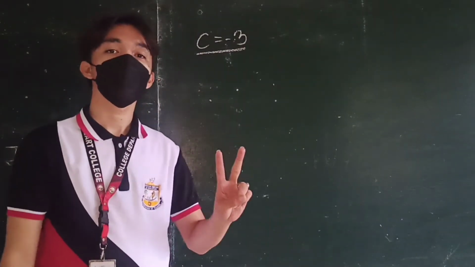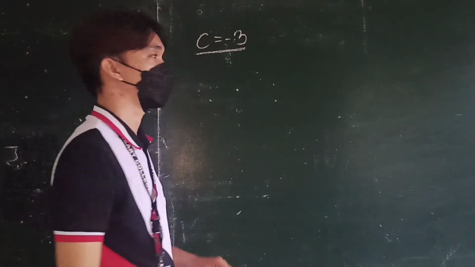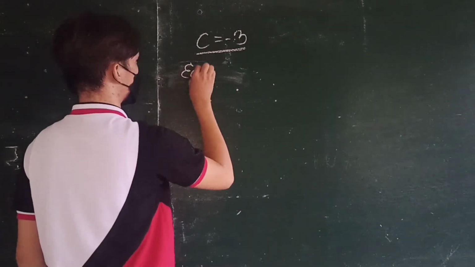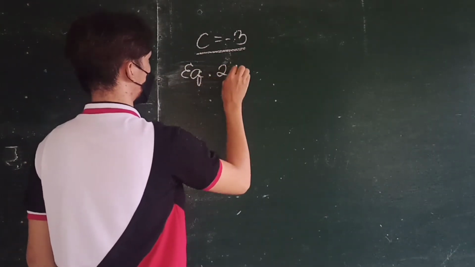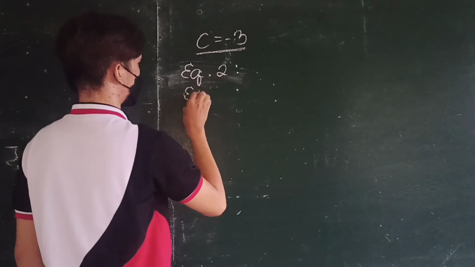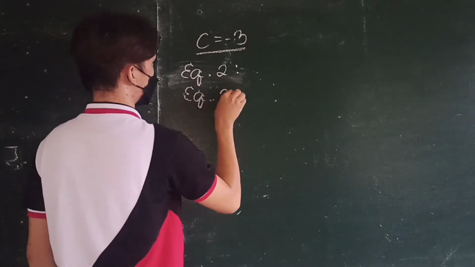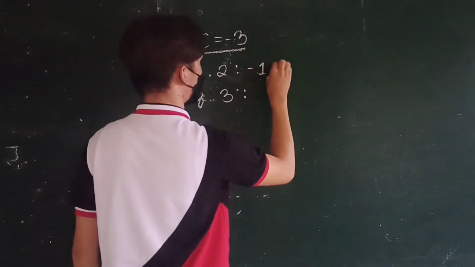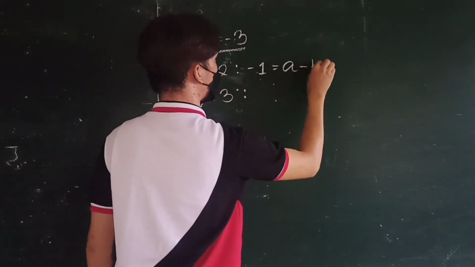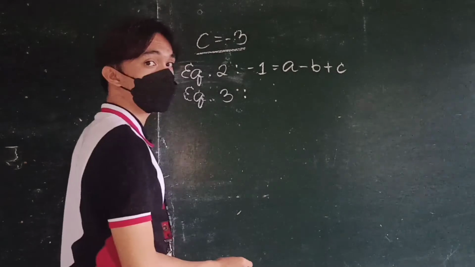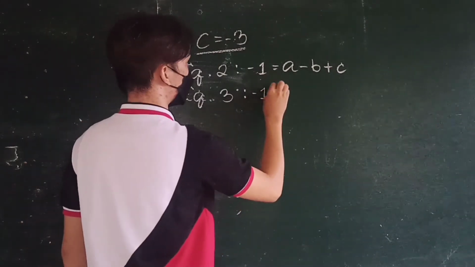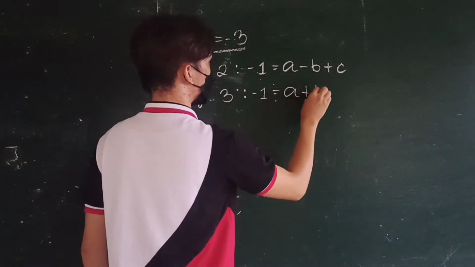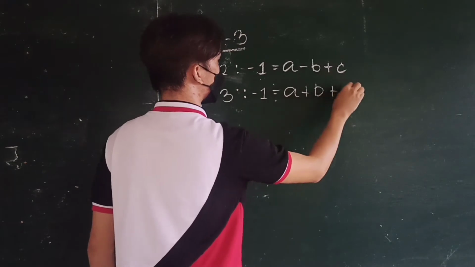Since c is equal to negative 3, we substitute it in equations 2 and 3. So we are going to write here equation 2 and equation 3. We are going to substitute the value of c, which is negative 3. So for equation 2, negative 1 equals a minus b plus c. Equation 3, we have negative 1 equals a plus b plus c.